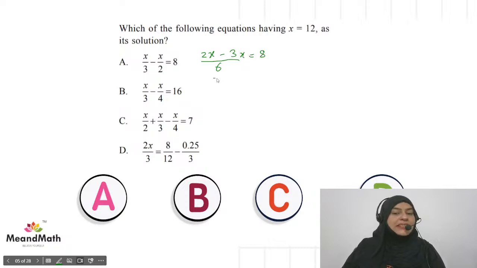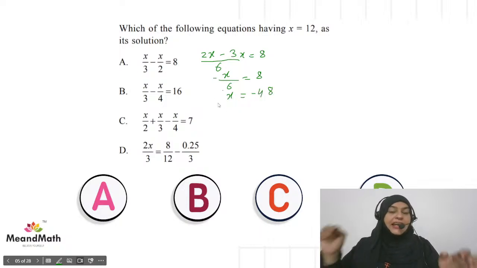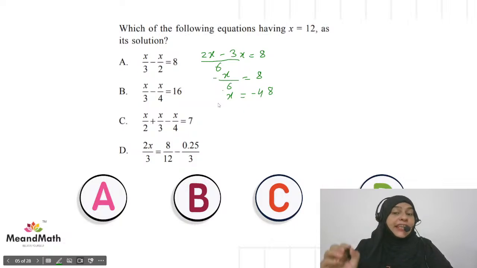So 2x minus 3x is minus x divided by 6 is equal to 8, and x will come out to be minus 48. So here x is equal to negative 48, and they are saying x should be equal to 12. So this is not the correct answer.